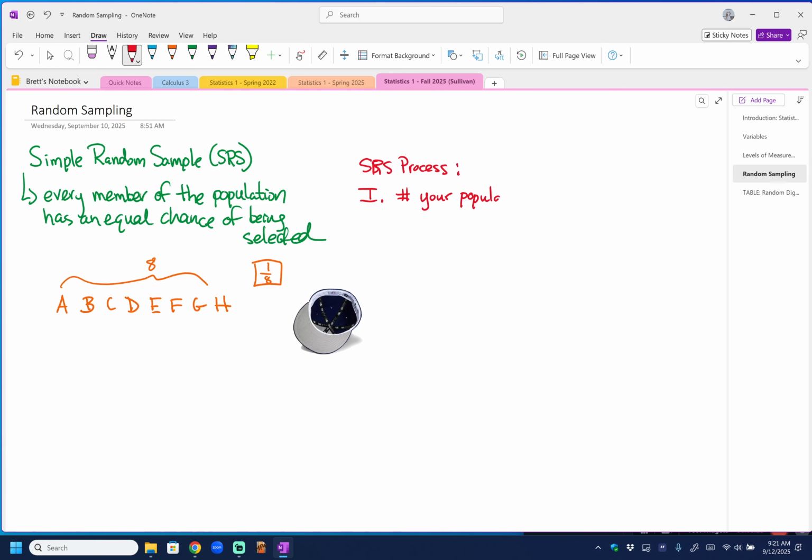In this case, it looks like we have 8 digits here. So we could number them 1, 2, 3, 4, 5, 6, 7, 8. And the second part of the process is to use the table to select your sample.